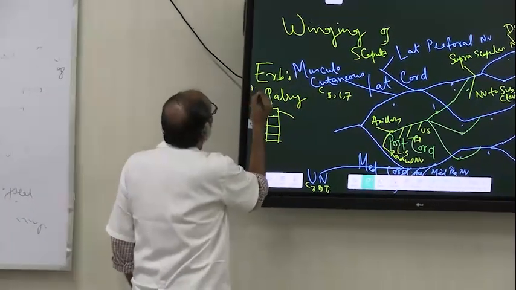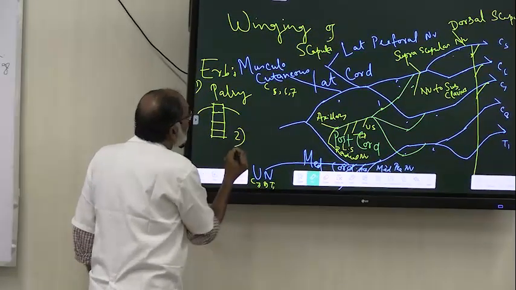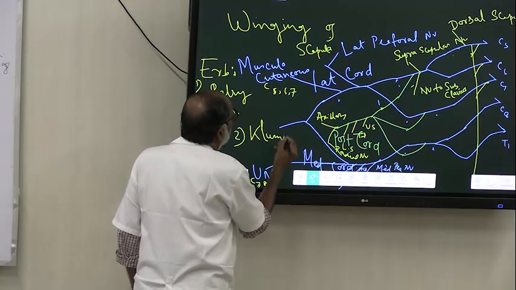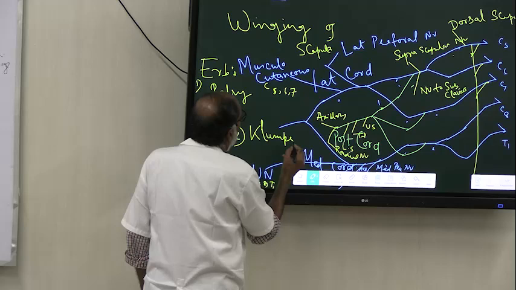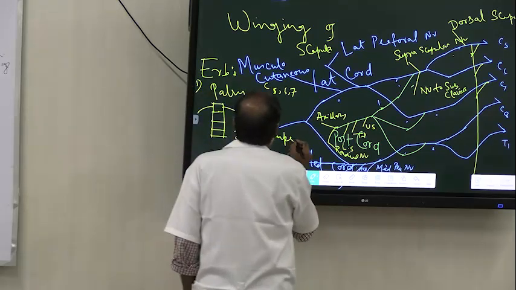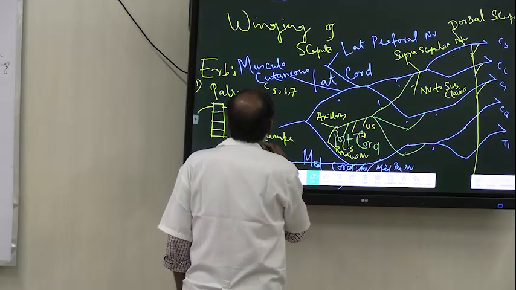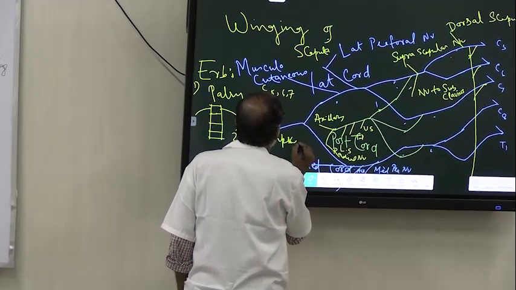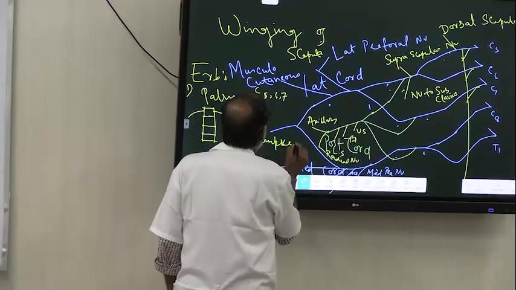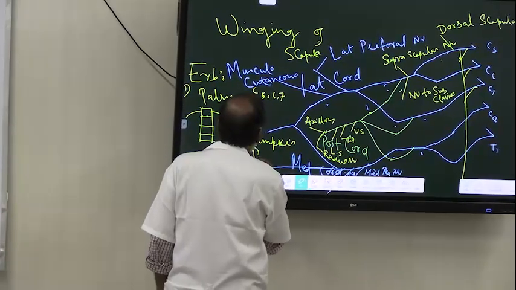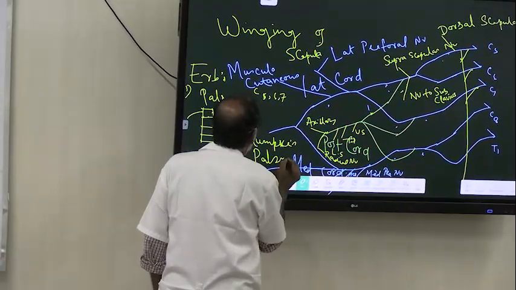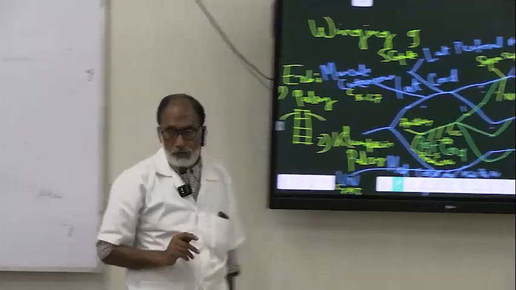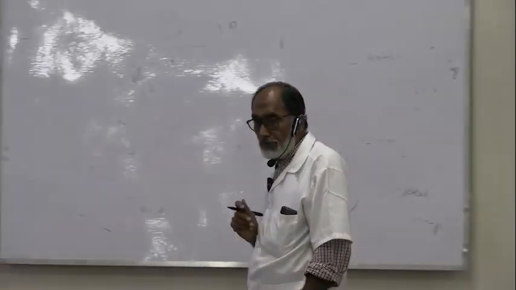The second one is Klumpke's palsy, K-L-U-M-P-K-E. There are two palsies.